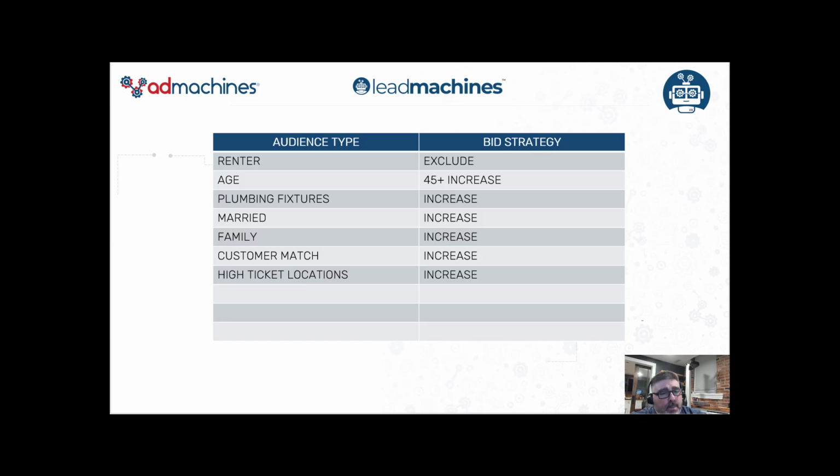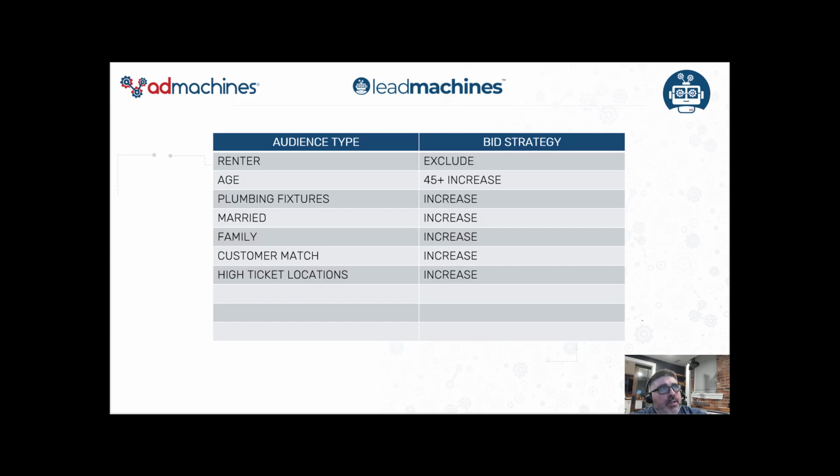Customer match. What we want to do is go back into your database and take a look at all of those customers that have invested with you, high average tickets, and we want to sell to not only your existing customers, but also create a clone of that audience with Google Customer Match, and Google will find people that are very similar to the customers you've already worked with.